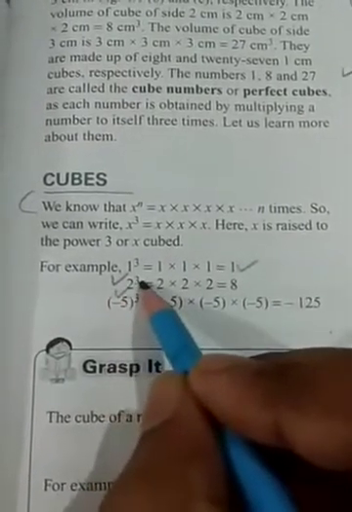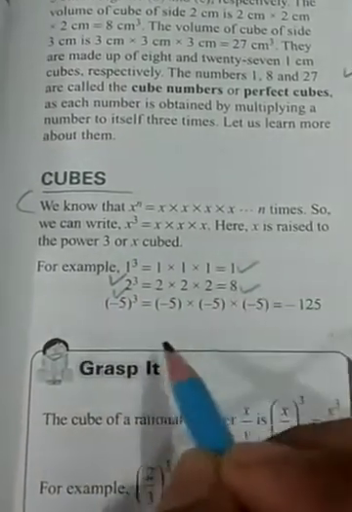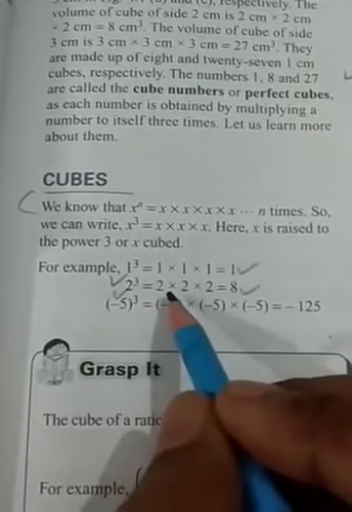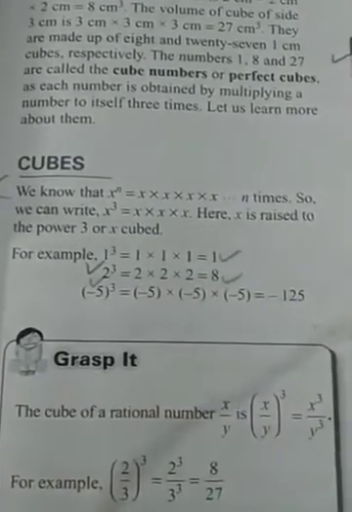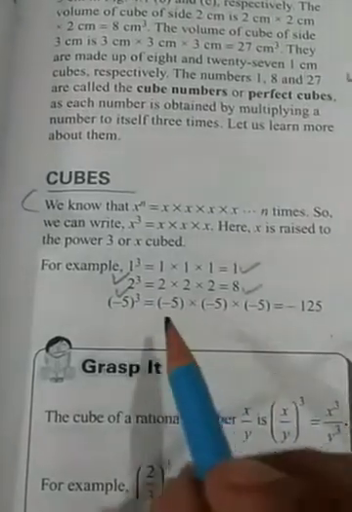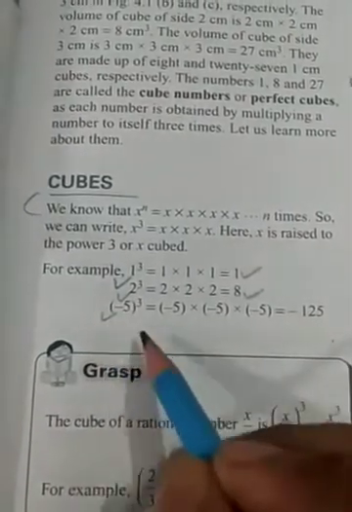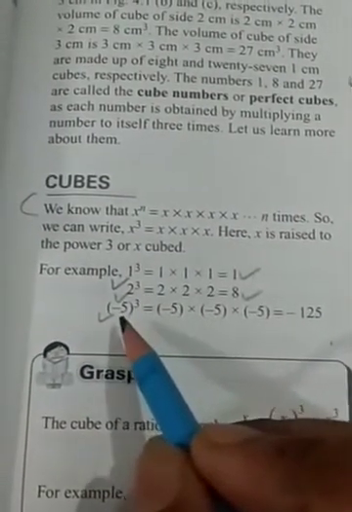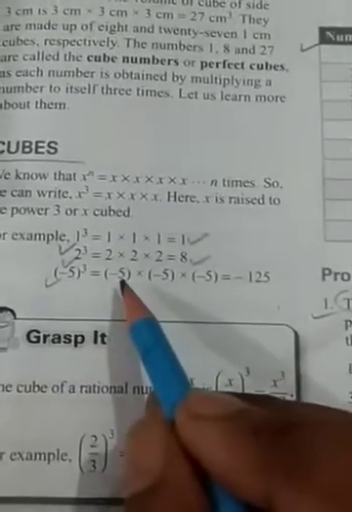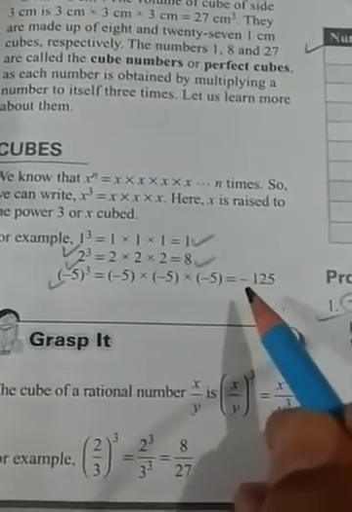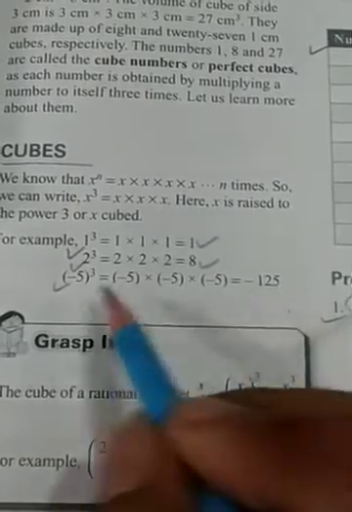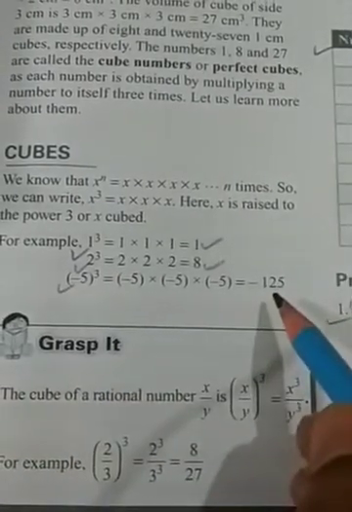Similarly 2 cube is equal to 8. It means in a cube we have to multiply the number 3 times. Suppose the base is negative, minus 5 to the power 3, so it will be minus 5 cube. So we have to multiply minus 5 three times, then it will be minus 125. So minus 5 cube is equal to minus 125.